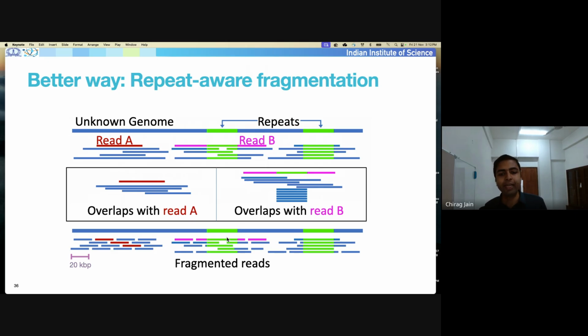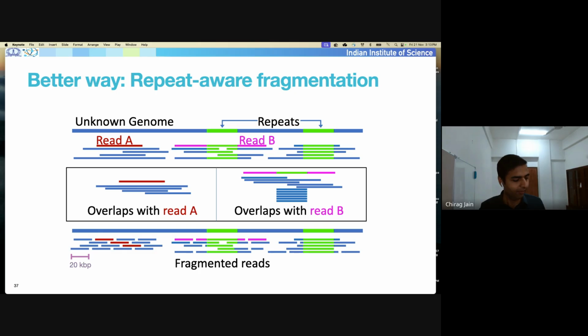So in this repeat fragmentation idea, we will do fragmentation in a naive manner for reads like read A, but in read B cases, we would avoid the fragmentation when we see a repetitive region in the read. So if you have a repeat, then we would want to preserve the entire read length in that region. And this is the idea that we give so that we don't lose the ability to assemble repetitive regions of the genome.